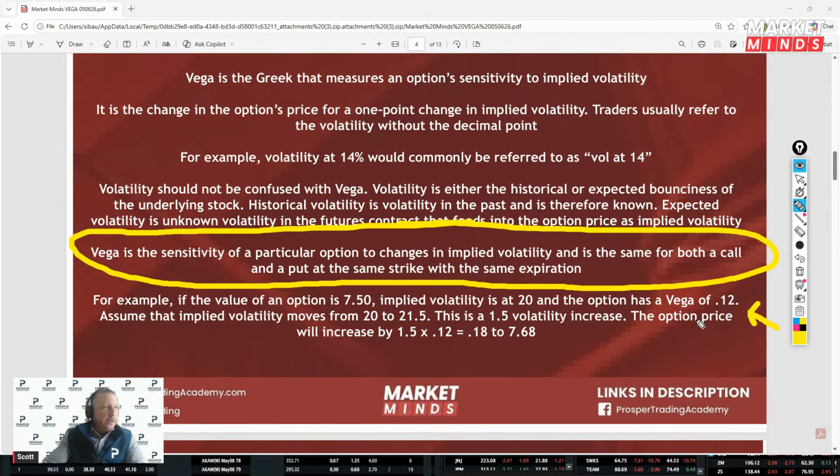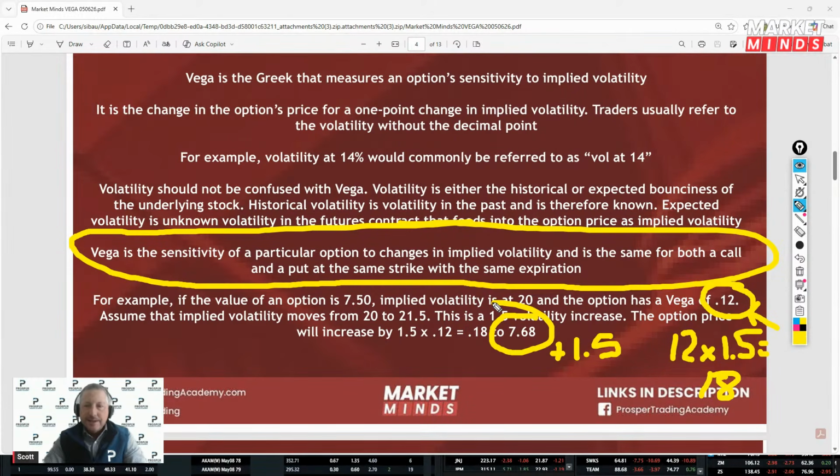If implied vol goes up by 1.5 points, the value of that option is going to change by the Vega of 12 cents times 1.5, or 18 cents. The new value of that option will be $7.68.